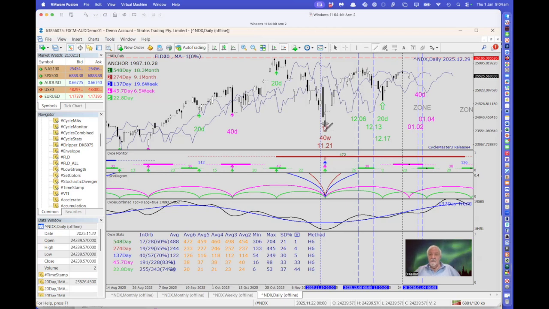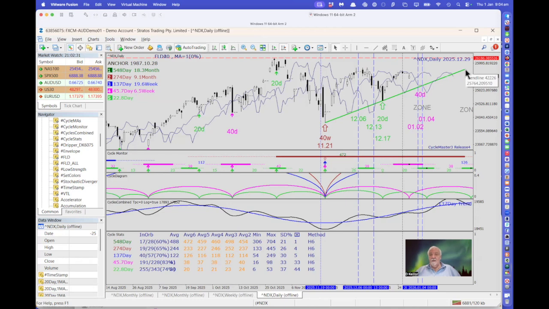That may continue. And we can put a valid trend line on. It's a 20-day valid trend line. And if that's broken to the downside, that will confirm that the 40-day high is in.